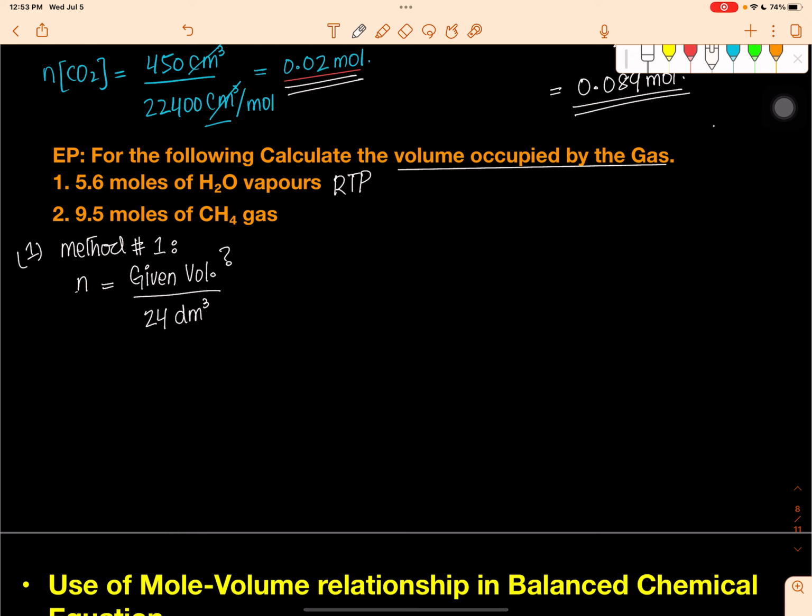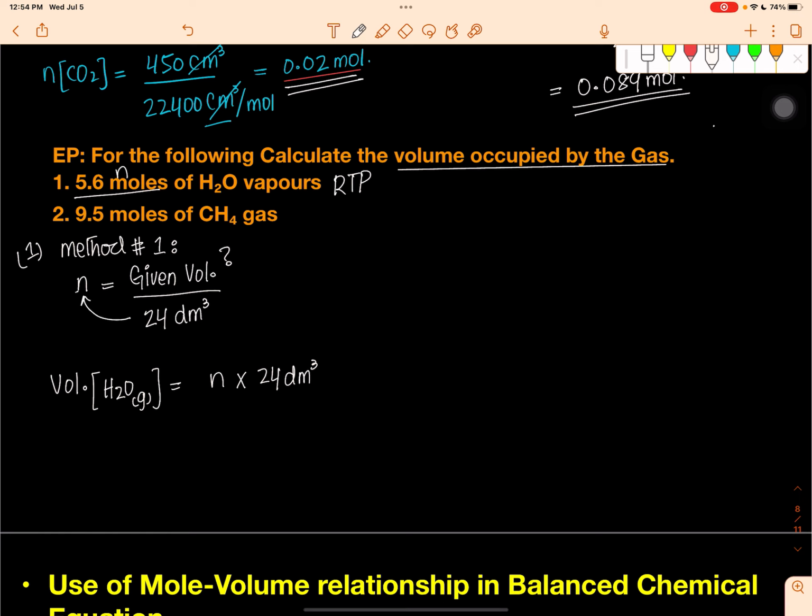We are provided with the number of moles. We have 24 dm cube, which is known to us, because here we have the number of moles. So we need to find out the given volume. Putting into the formula, the volume occupied by water vapors, in the gaseous state, is equal to number of moles times 24 dm cube.